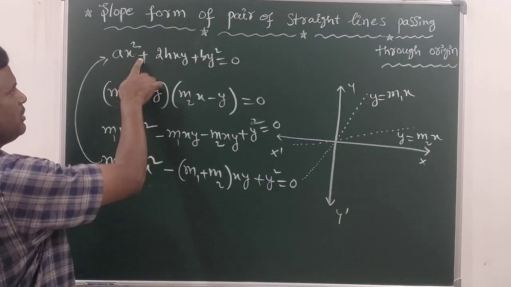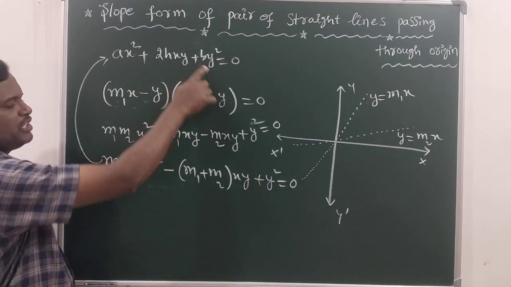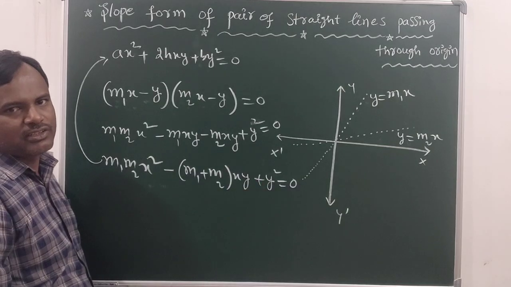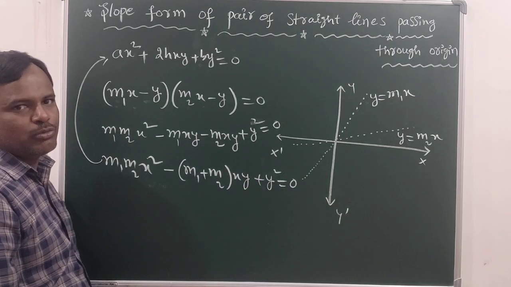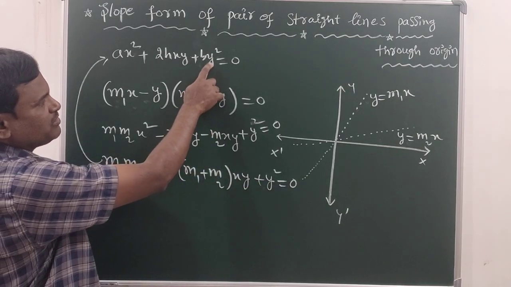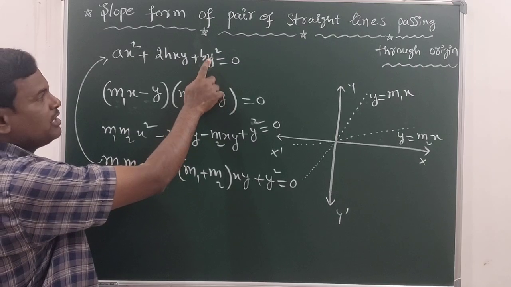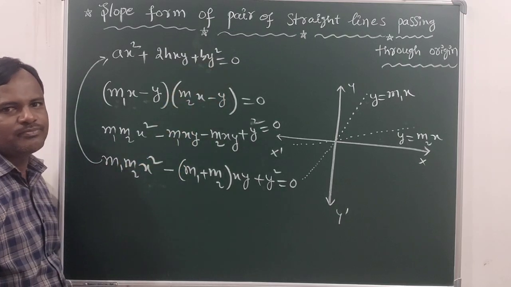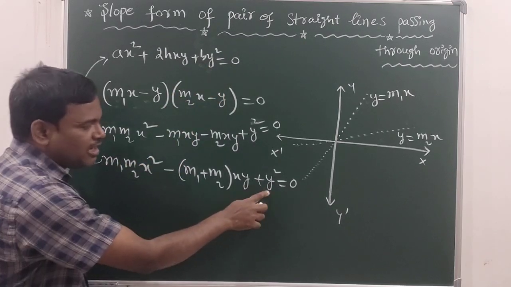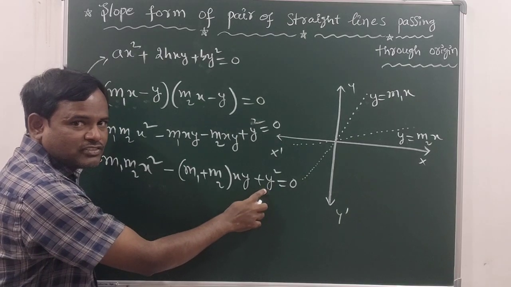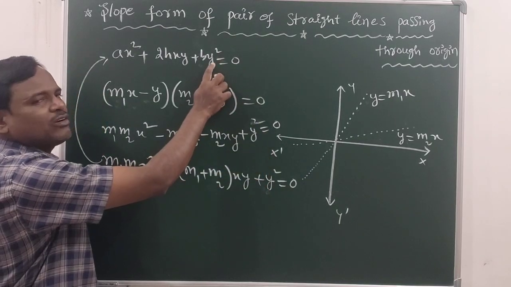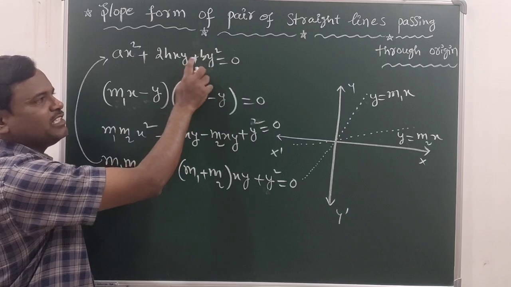But observe both of them. Here y square coefficient is b, here y square coefficient is 1. So now I would like to make y square coefficient in this equation as 1, because here I got coefficient of y square is 1, hence I am going to make coefficient of y square as 1 in this.